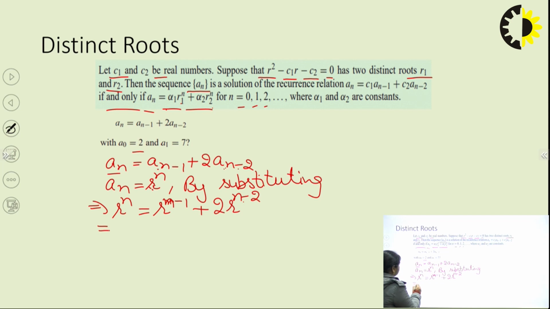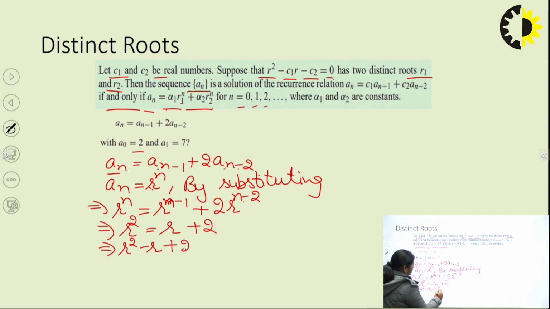By dividing, we get r square is equal to r plus 2. Now taking these to the left side, we get r square minus r minus 2 is equal to 0.